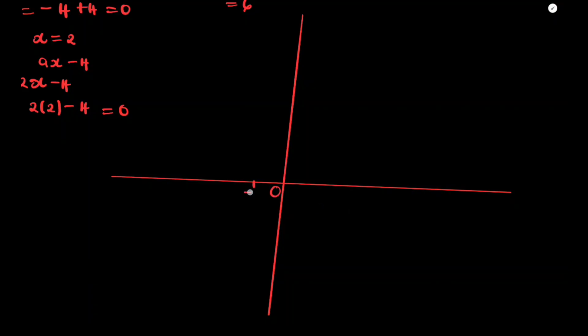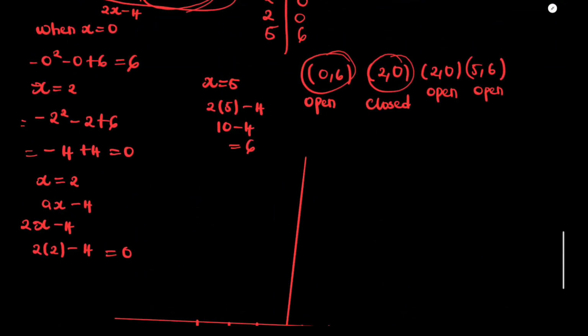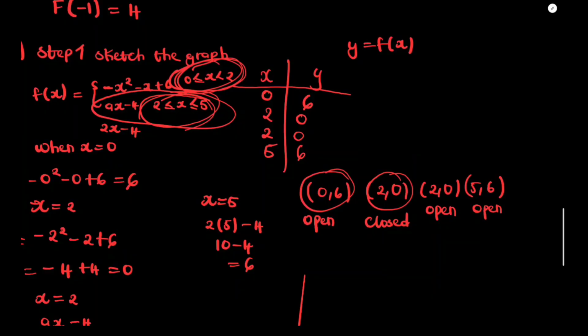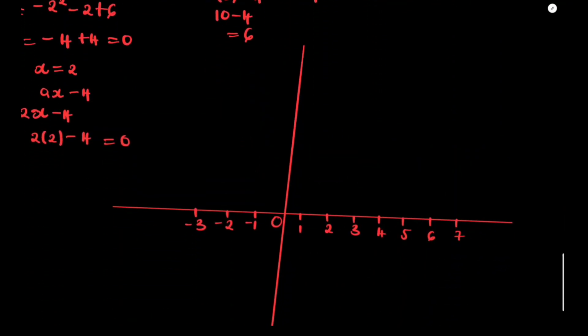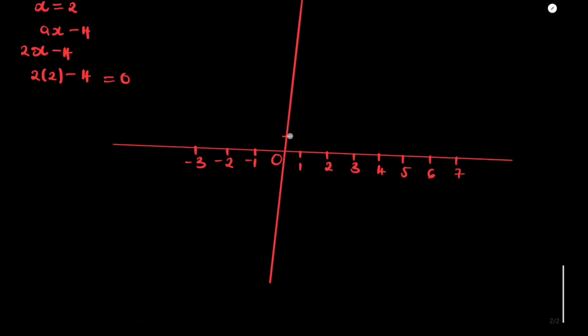So here we have -1, -2, -3, 1, 2, 3, 4, 5, 6, and 7. That is our x-axis. For the y-axis, from our coordinates, we can see that the highest value of y is 6, so we are going to put it to 6.